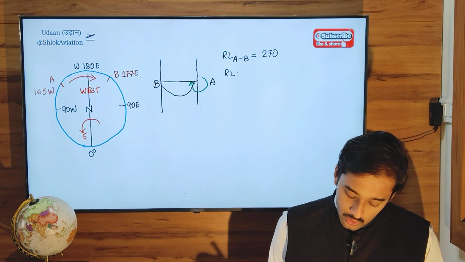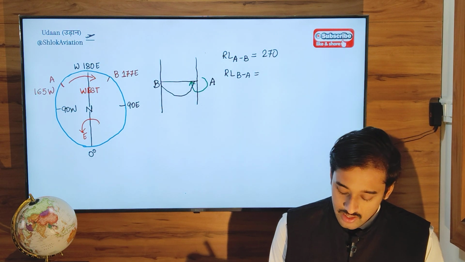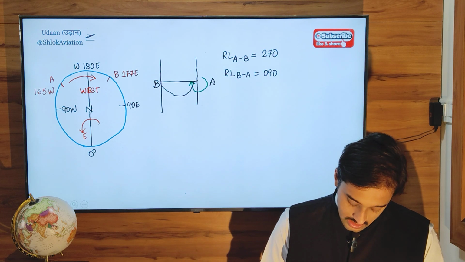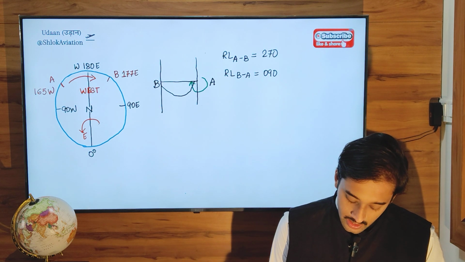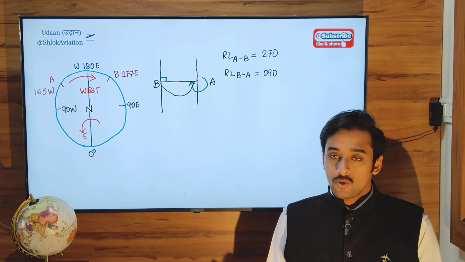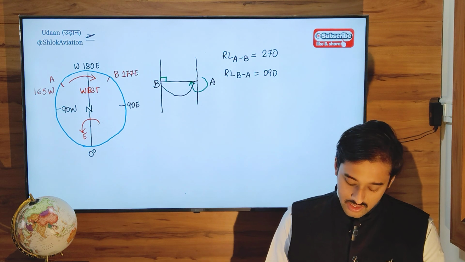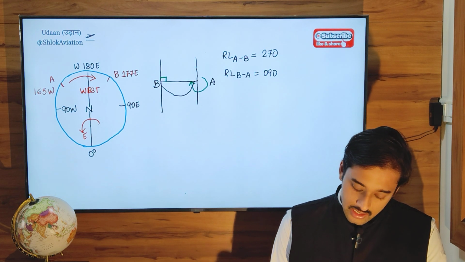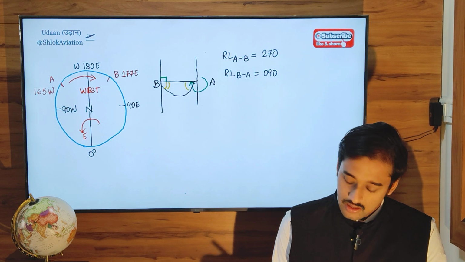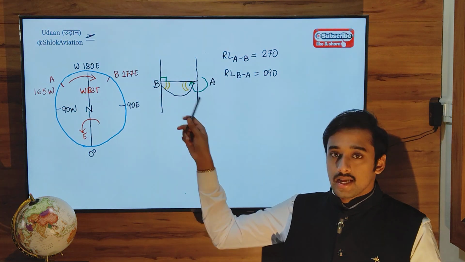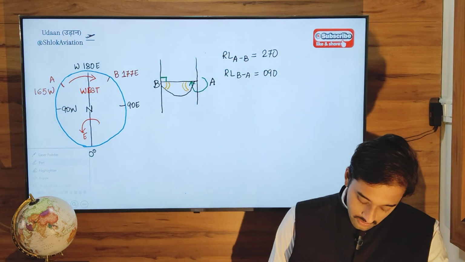Rhumb line from B to A will be opposite of 270, which is 090. Now to find convergency angle, which is the angle between this Rhumb line and great circle, let's find out convergency.